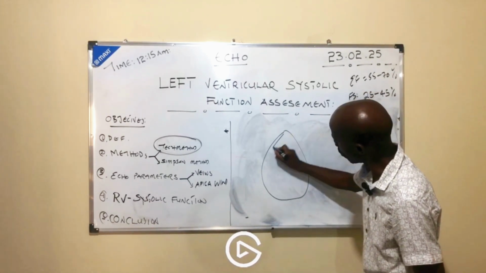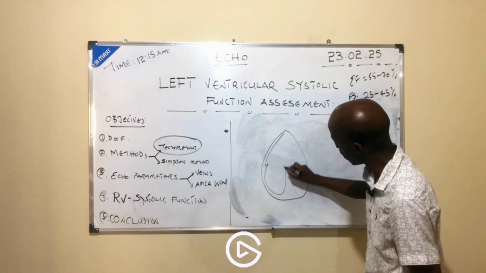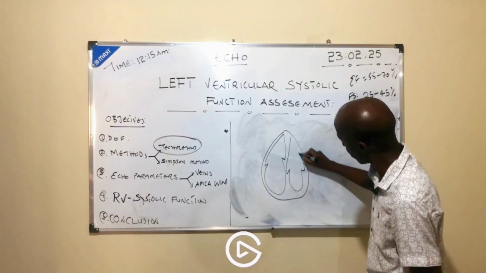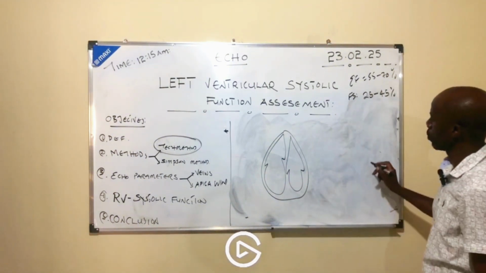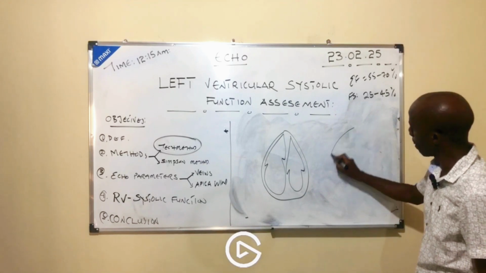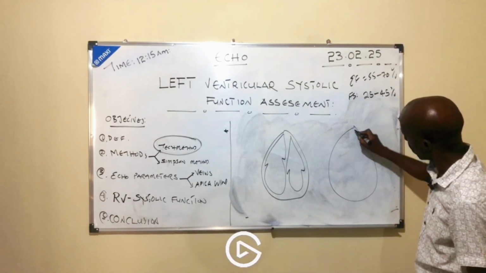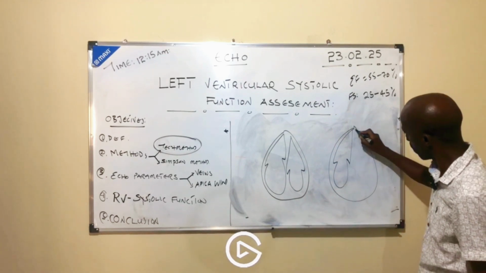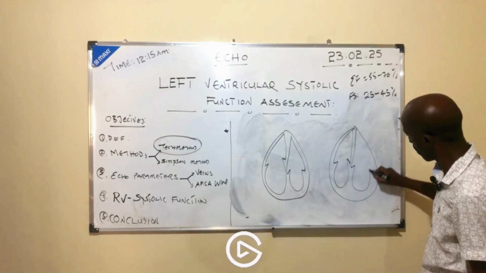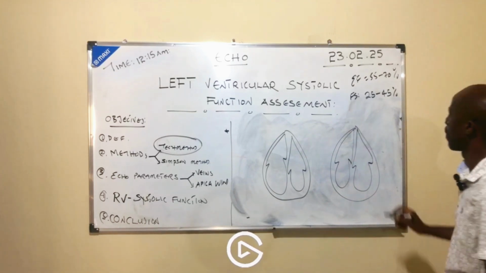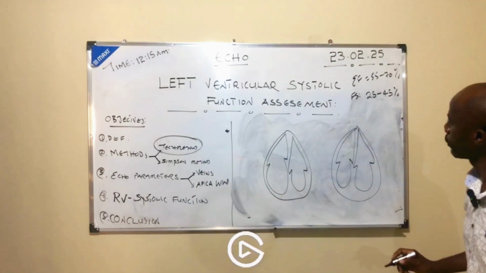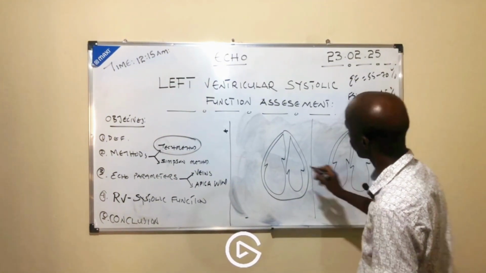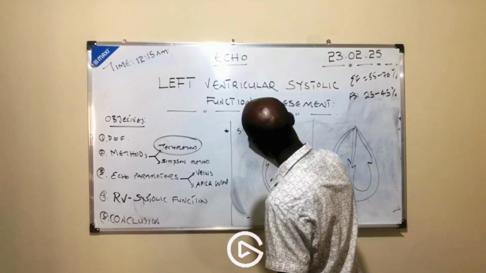You are going to have your heart, your apical four-chamber. Then you can have also, so this is very important when you are using your modified Simpson.